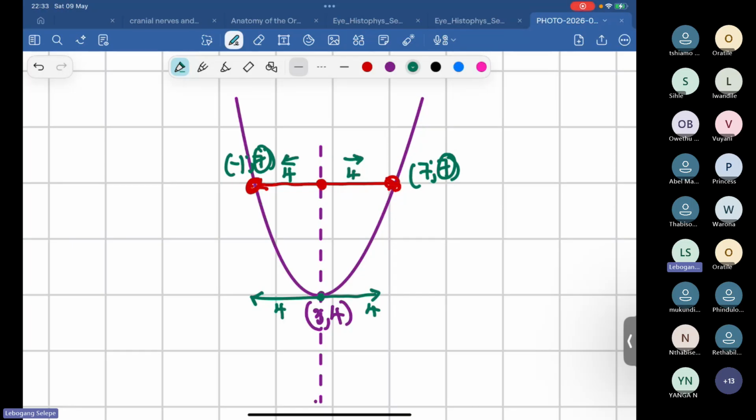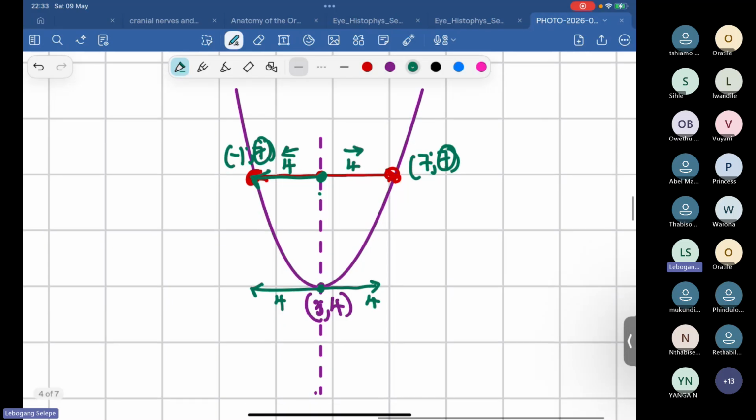If moving from the turning point, which is x equal to 3, to that point, it's minusing 4 units because we end up at -1. It means that moving from the same midpoint to the other side should also be 4 units, but now it's an addition, because according to the Cartesian plane, moving to the left is a subtraction, moving to the right is an addition. So when you go to the right, it's an addition of 4 points, which is ending at 7.